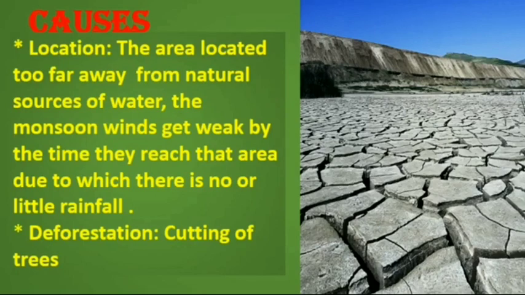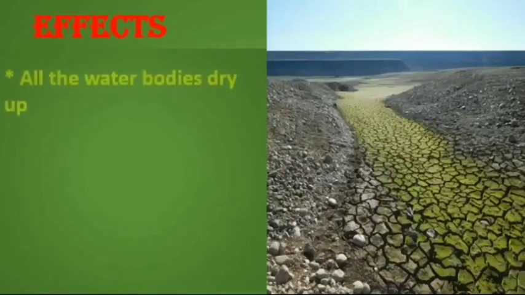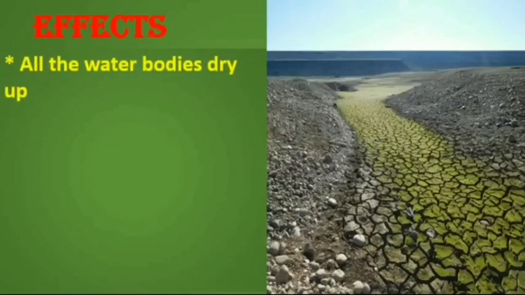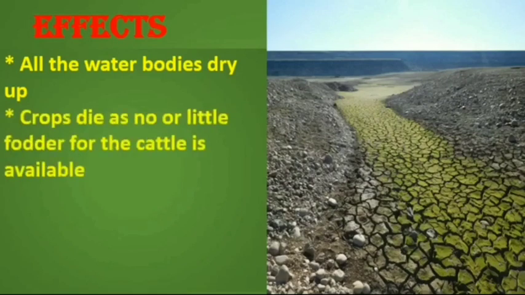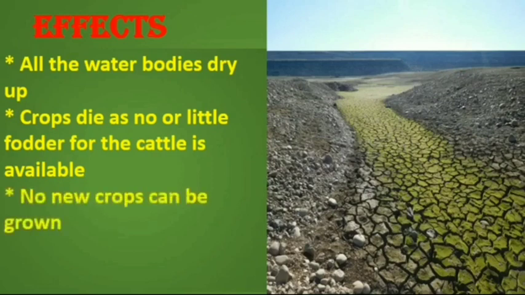The effects of drought are threatening as all the ponds, lakes and rivers dry up and there is no drinking water for animals or for human beings. That means all water bodies dry up, the crops die and there is little or no fodder for the cattle, due to which they start to starve and then they eventually die.